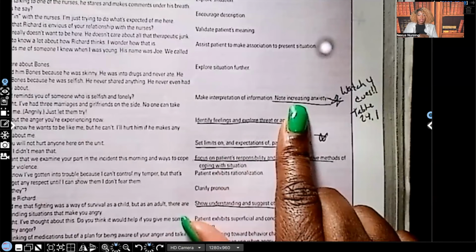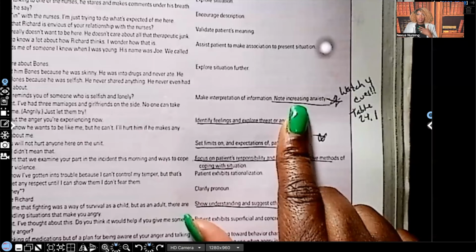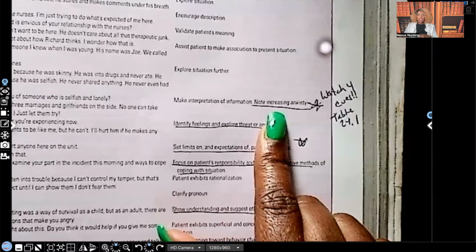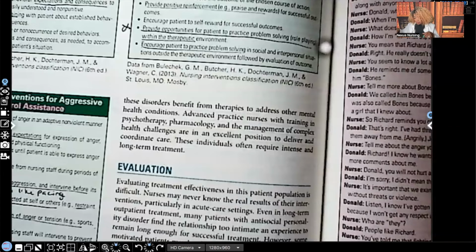Note increasing anxiety. You need to watch for clues if that patient's anxiety is increasing, such as what? Them pacing the floor, or them talking in a loud, aggressive manner. Matter of fact, let's go to table 24.1 to look at those clues.